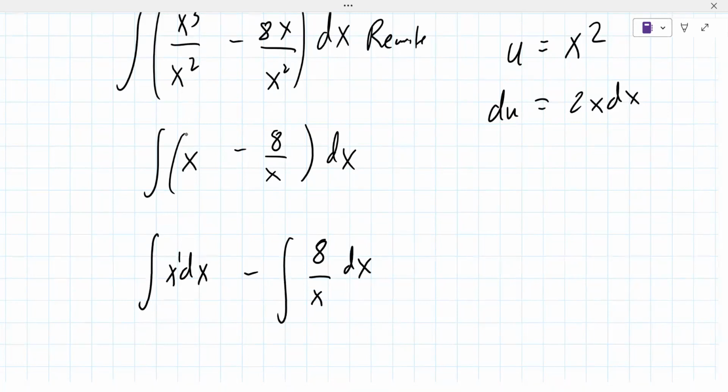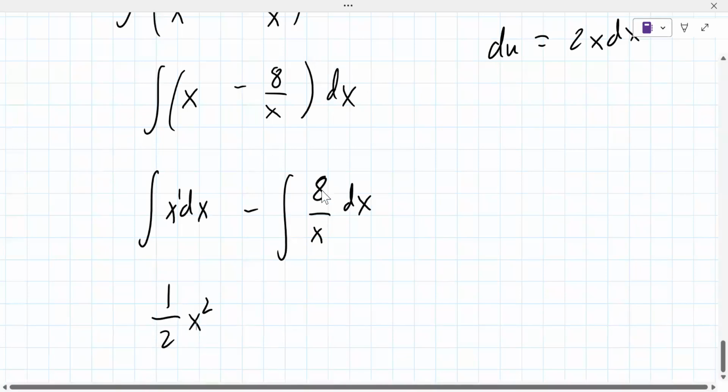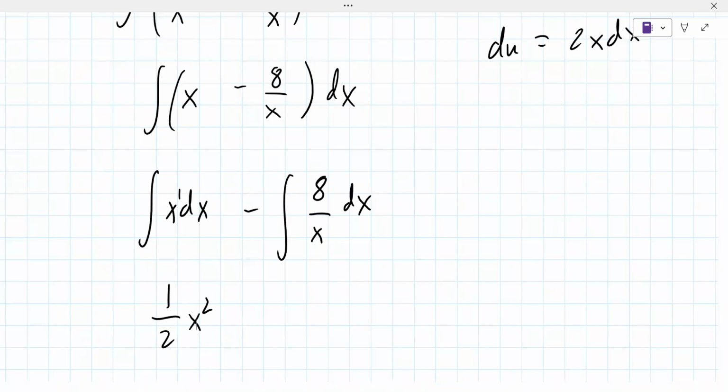So it would be x to the 1 plus 1, so it's x squared over 2. It's some variation on 1/2 x squared. We've got a bunch of these now. What's the integral of 8 over x? It's like the first problem we did today. It's 8 times the integral of 1 over x.